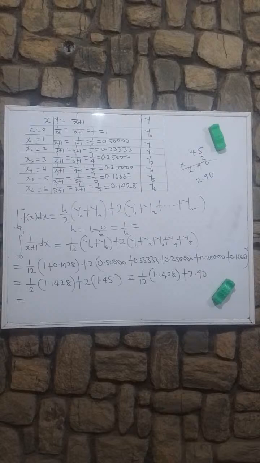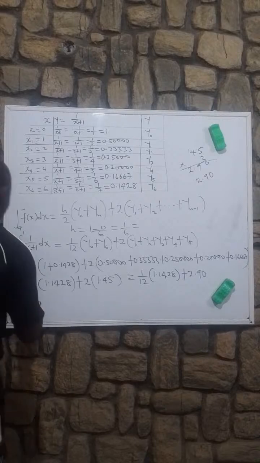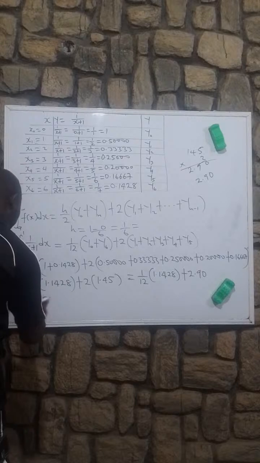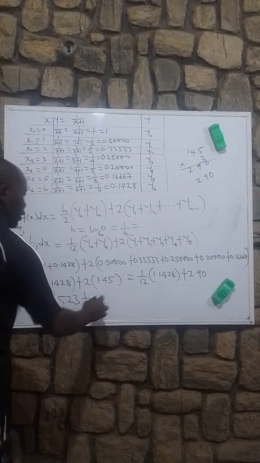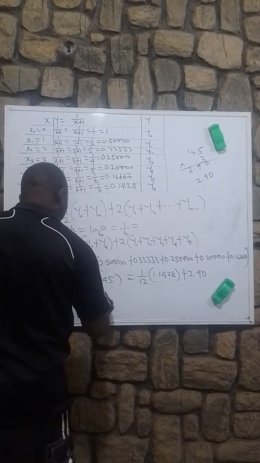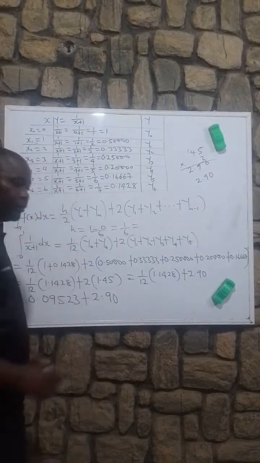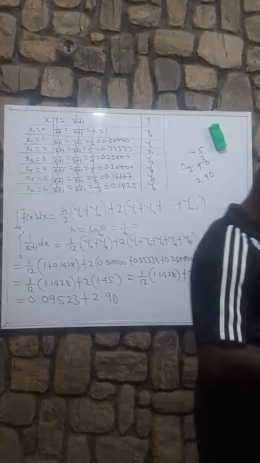People should use 1.1428 to divide. Anthony said 0.09523. So 0.09523 plus 2.90, plus 2.90.